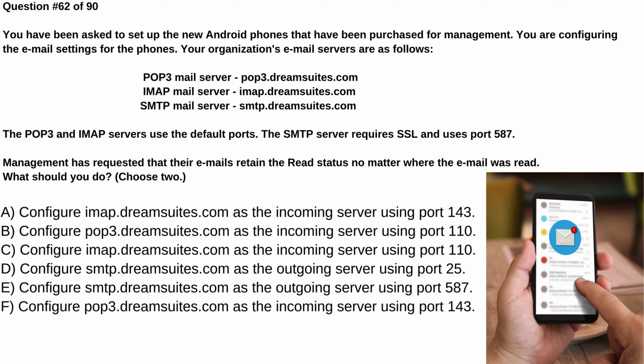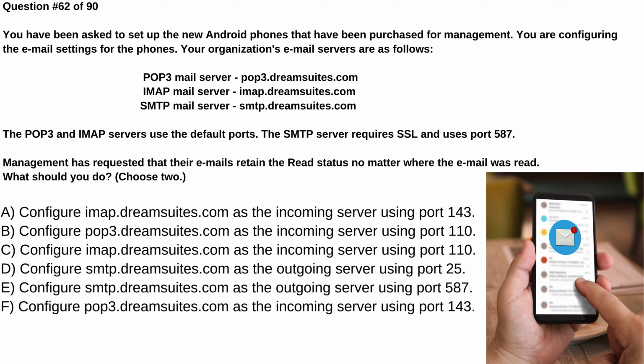The POP3 and IMAP server use the default ports. The SMTP server requires SSL and uses port 587. Management has requested that their emails retain the read status no matter where the email was read. What should you do? Choose two.